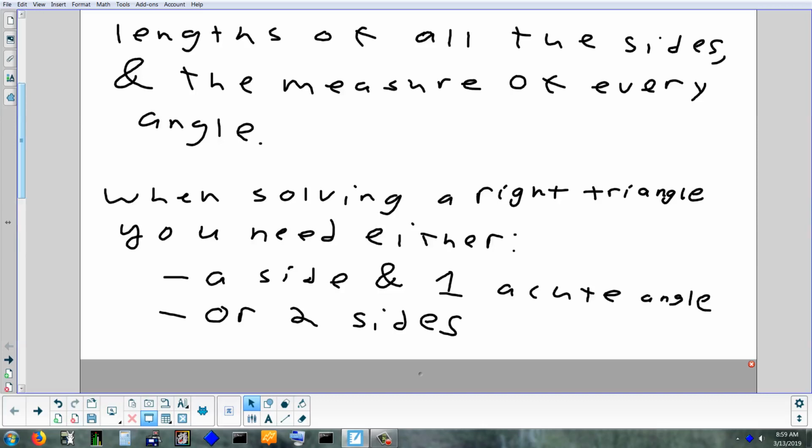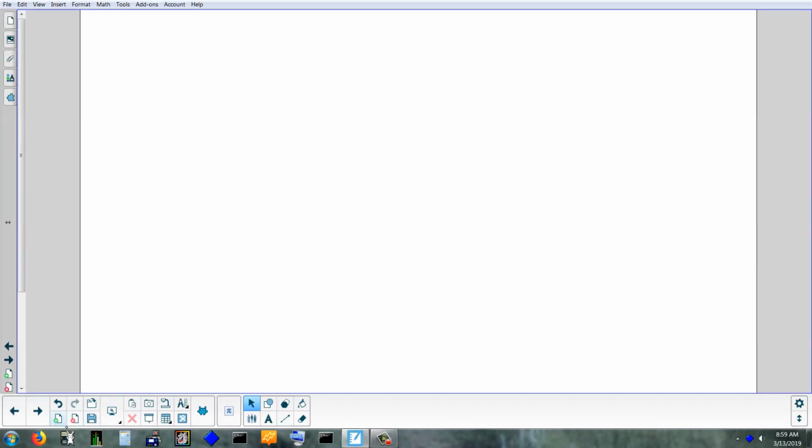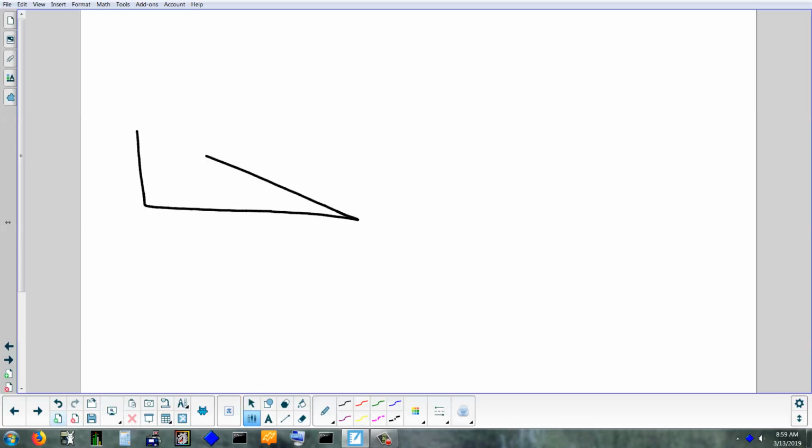Now, I didn't put up here 2 angles. How come that wouldn't be helpful if you knew you had a 90 and you knew the other 2 angles? Yeah, because if you don't know any sides, you wouldn't be able to figure out the size of the triangle. Like, if I said to you, here's a triangle with a 90, 20, and a 70. Tell me how long each side is.